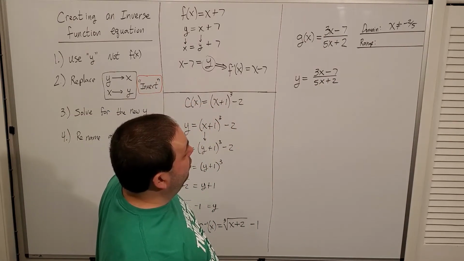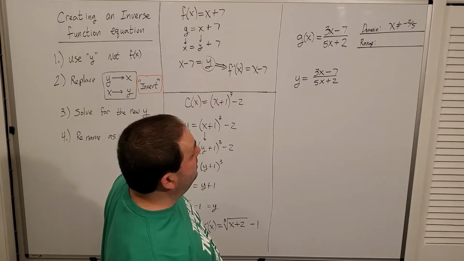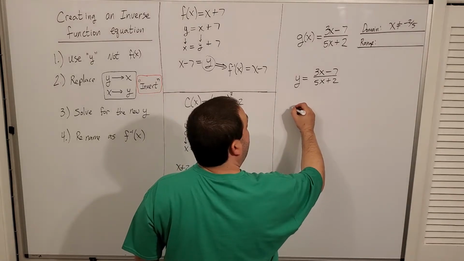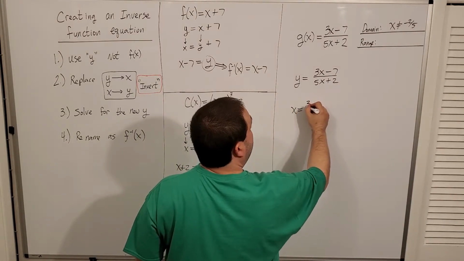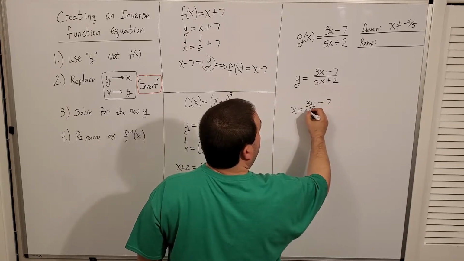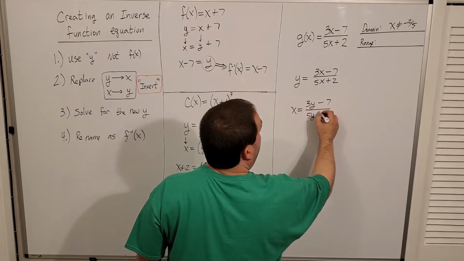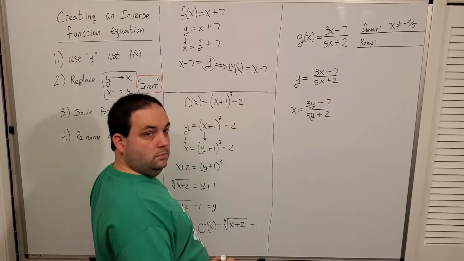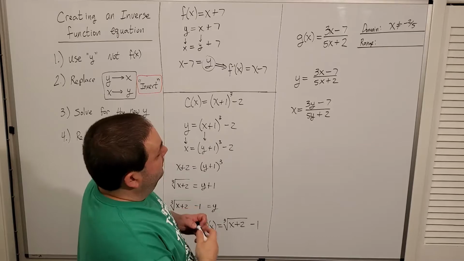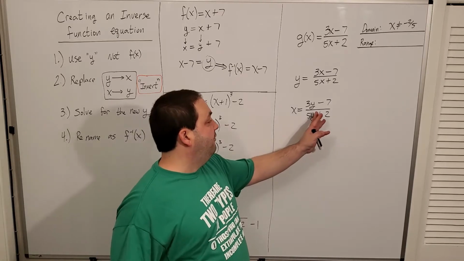From here, I'm going to swap all of the y's and x's. So I now have x is equal to 3y minus 7 over 5y plus 2, right? Okay, so I don't have a fraction.